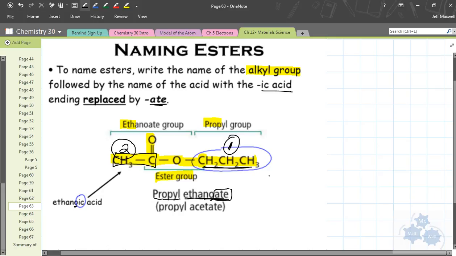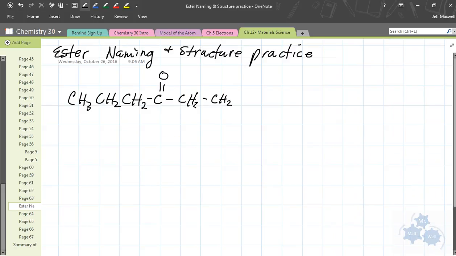All right, let's have a little practice naming some esters. Let's take a look at this one first. You see that we have an ester because we have this right here: the carbonyl group, and it's attached to a, oh, I'm missing an O actually, aren't I?